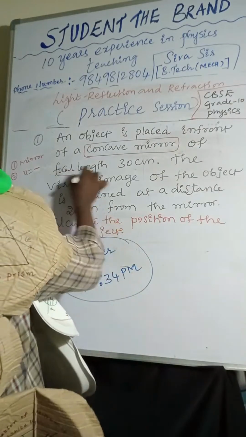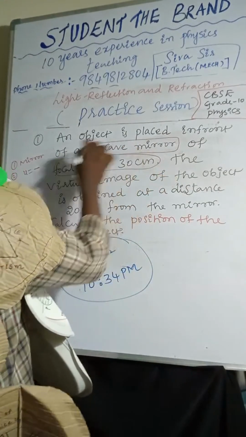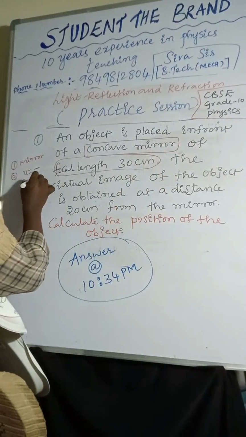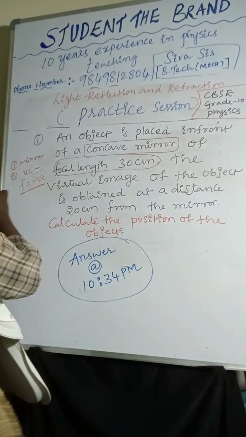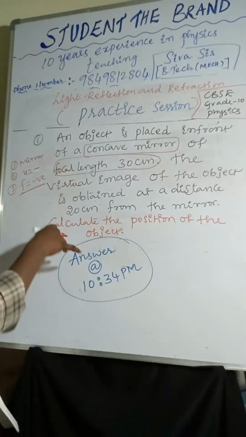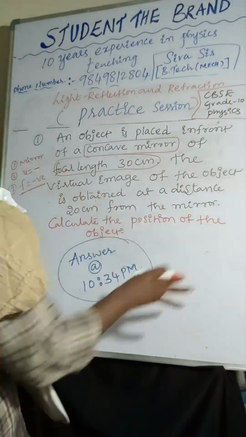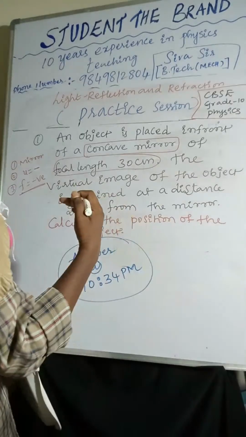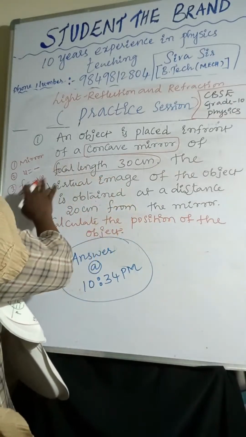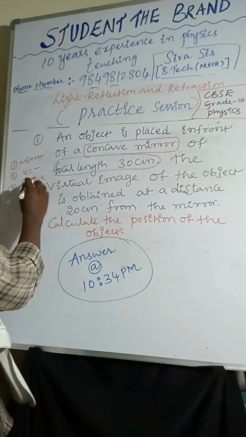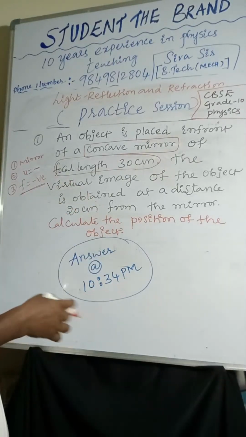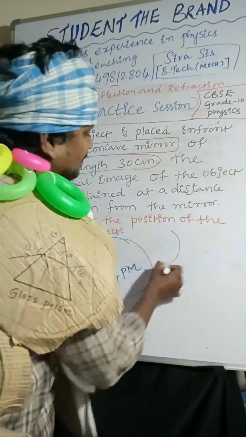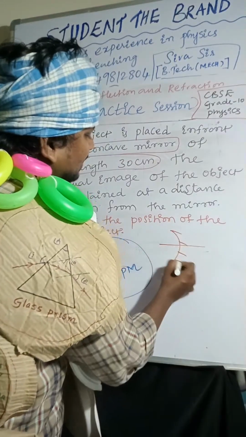So here focal length is given. Sign conventions are very, very important. Third point, focal length. Focal length is negative for concave, positive for convex. Sir, how can you say like that? So normally I already said, sign conventions.